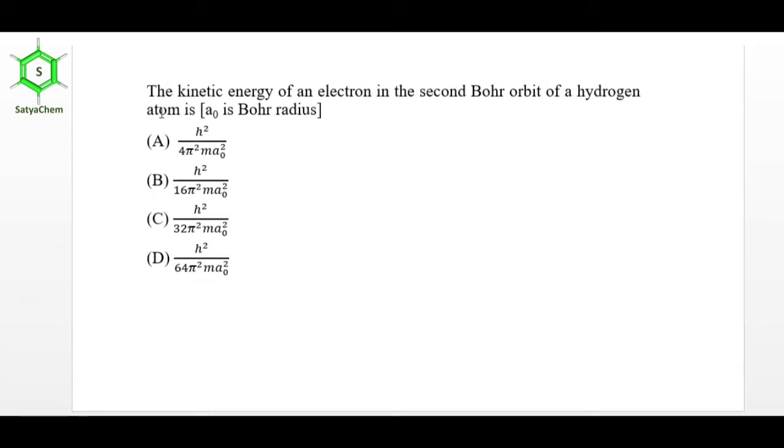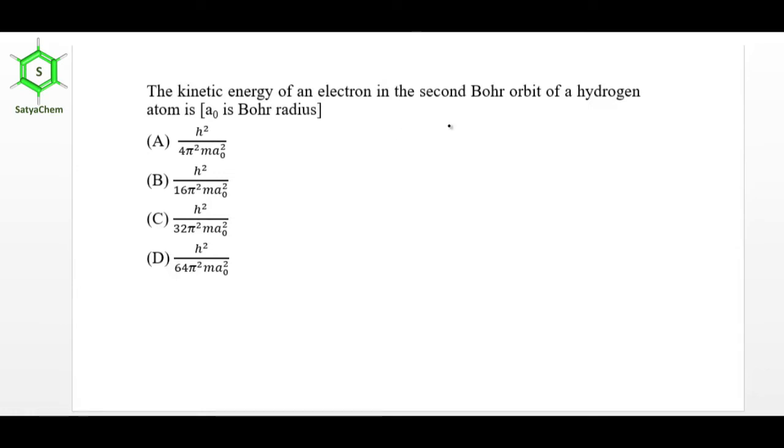Now the next question: the kinetic energy of an electron in the second Bohr orbit of a hydrogen atom is, there are 4 options. Now you have to calculate the kinetic energy of an electron considering the Bohr radius.